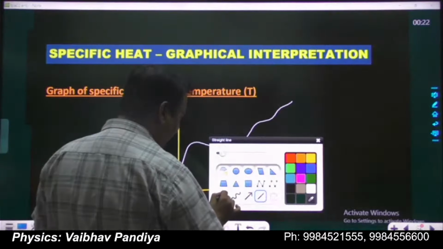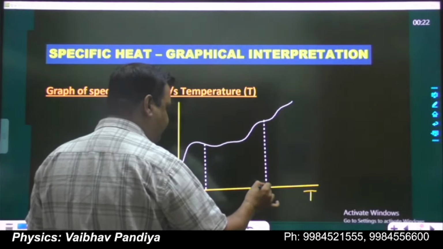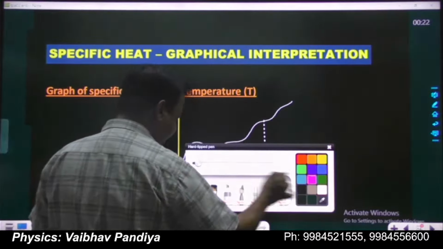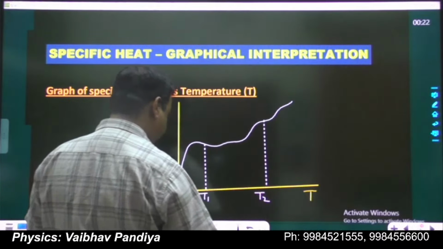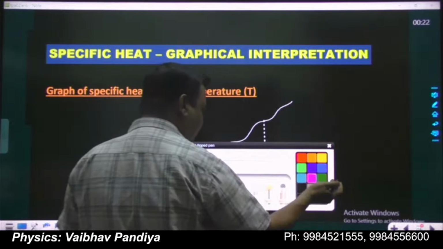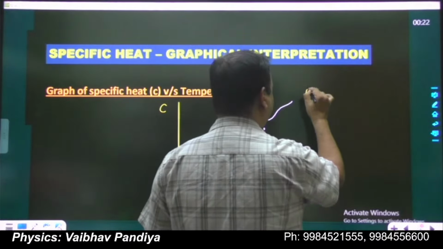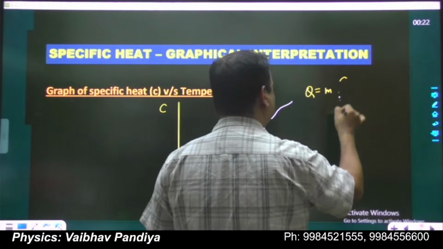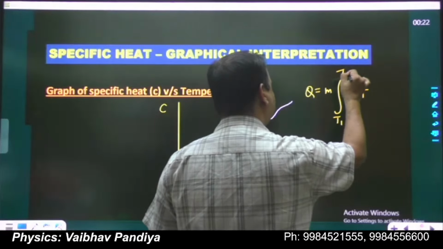is the heat absorbed between 2 particular temperatures, say T1 and T2. So if you go to the basic mathematical equation, Q came to be m c dT, from T1 to T2.